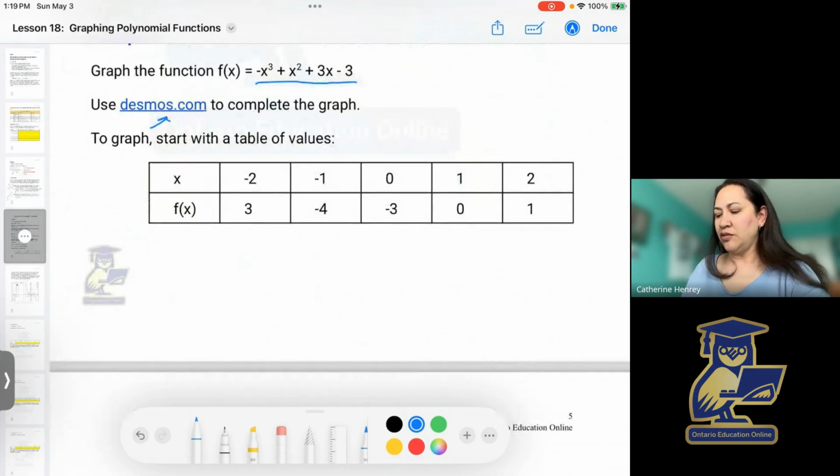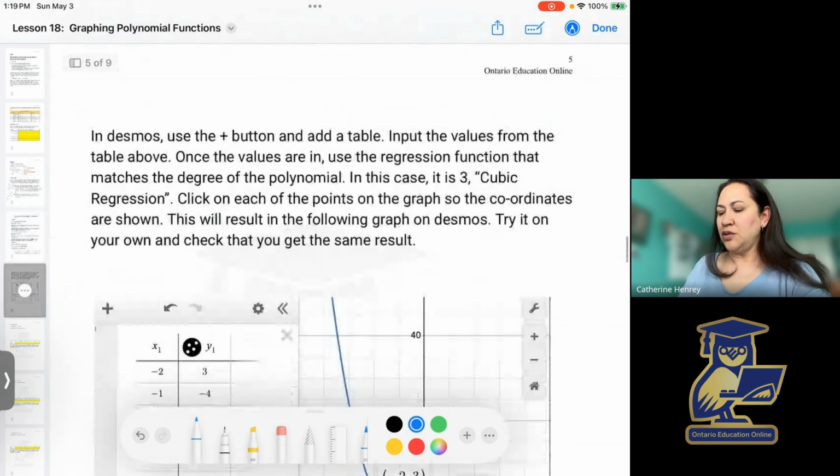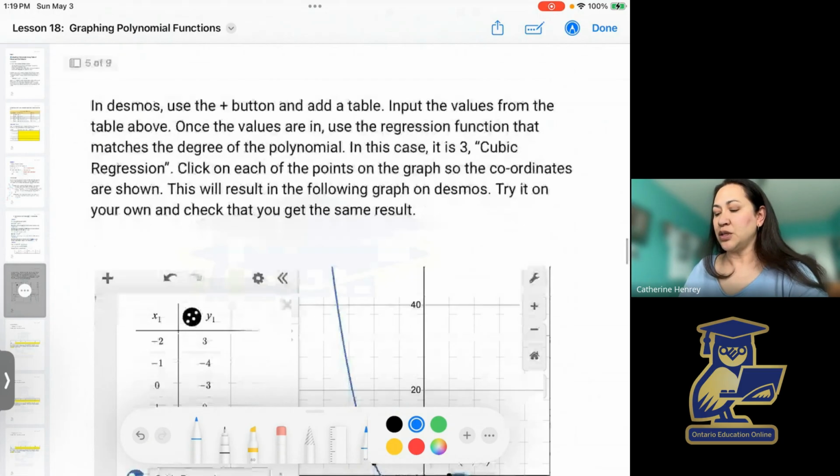So here's our table of values for our function, and we can see that we have 1, 2, 3, 4, 5 different points to graph. So in Desmos, you would use the plus button, add a table, and input the values from the table above. Again, there's a tutorial here, but I'm going to go over the description.